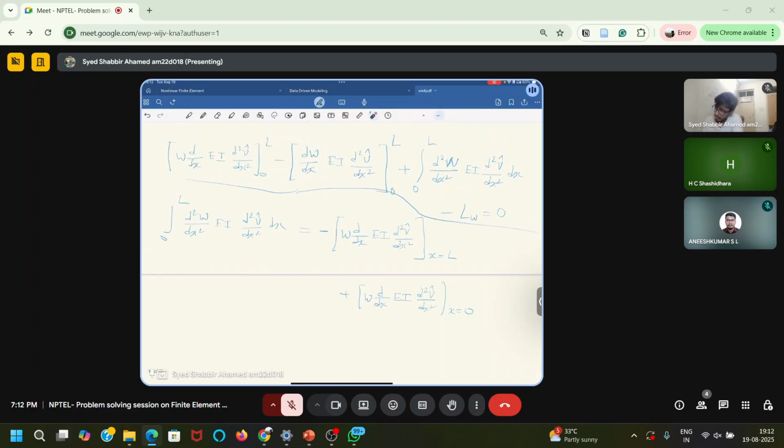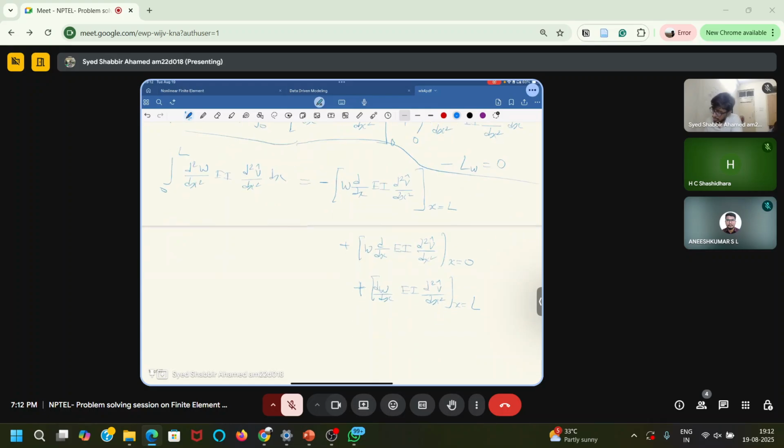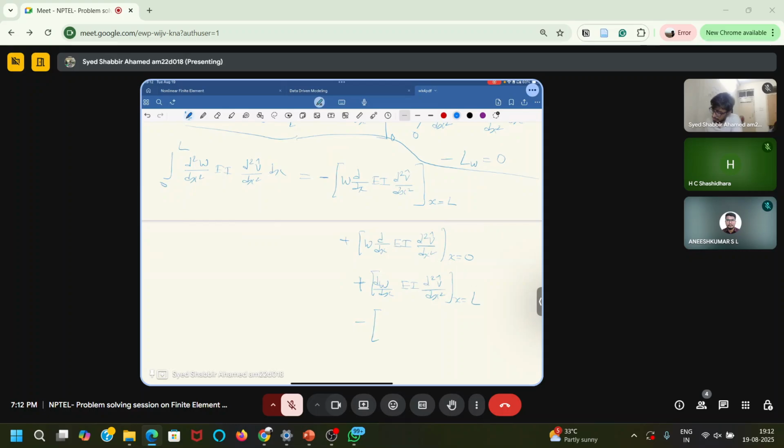And this now I will do for this. So it will be plus d by dx, dw by dx, EI into d square v cap by dx square at x is equals to L, minus d by dx, dw by dx, EI into d square v cap by dx square at x is equals to 0.